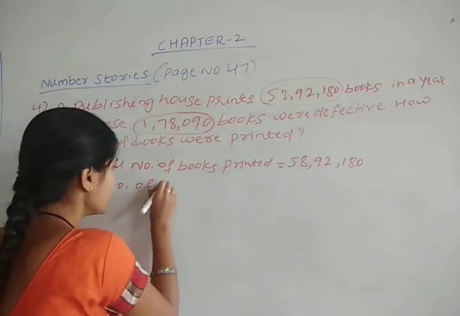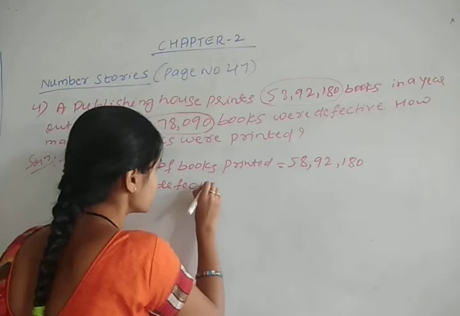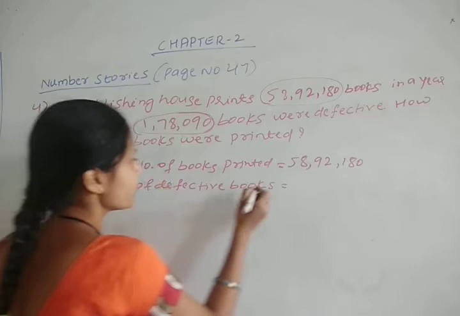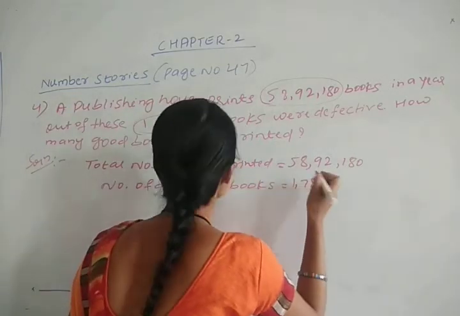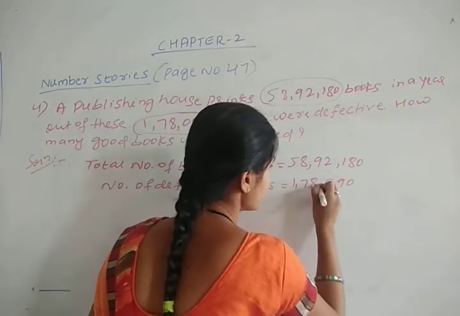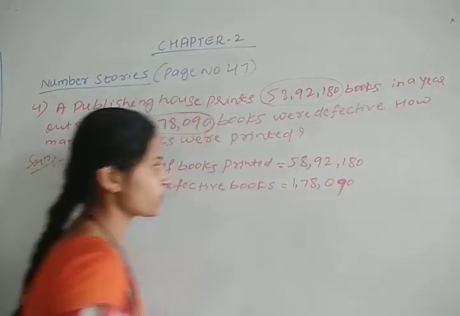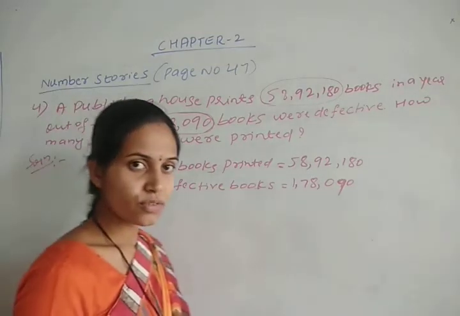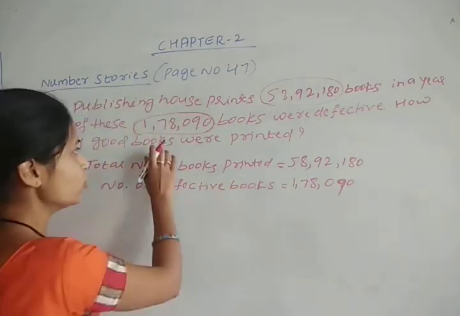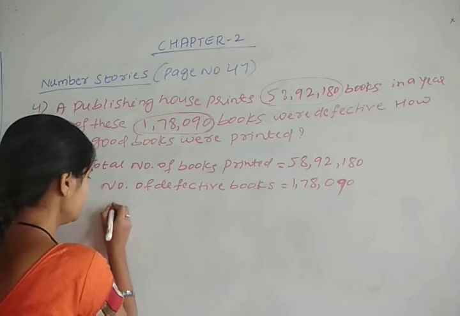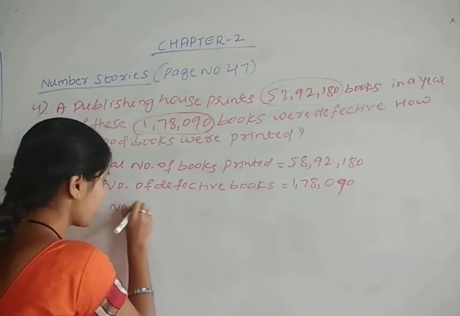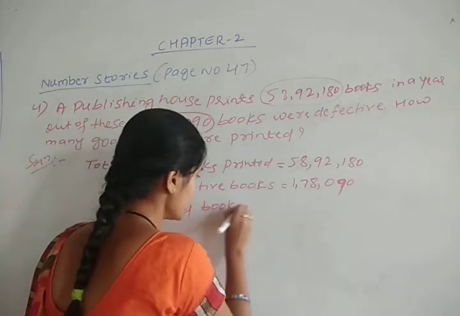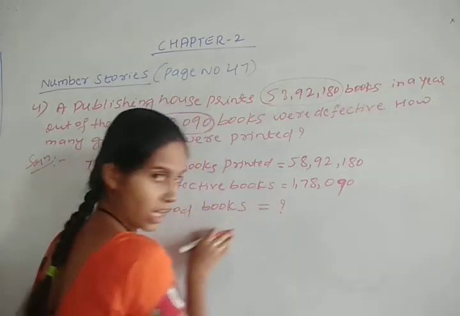Number of defective books is equal to how much? It is 1,78,090. Now we need to find the number of good books. So the number of good books is how much? We have to calculate this one.